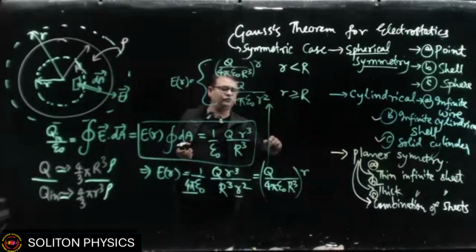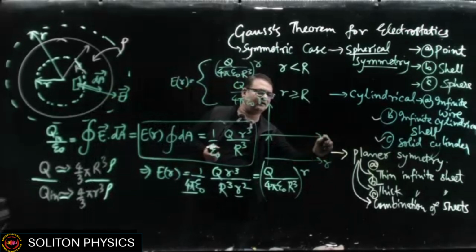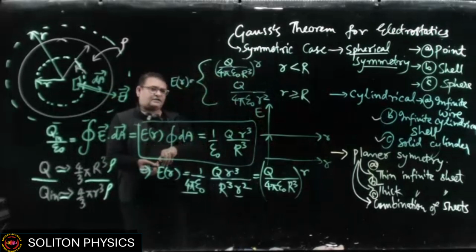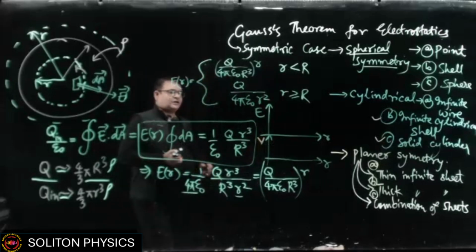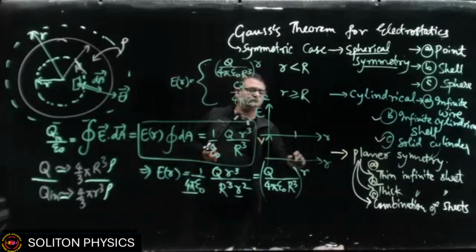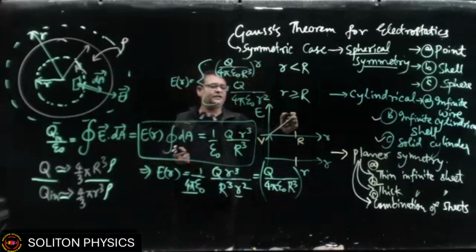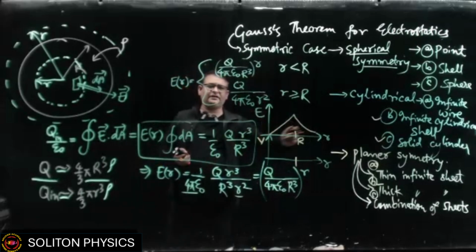Now if I make a graph, I'm going to make two graphs. I'm going to make for field and potential versus r. So this is my field, right? And this is my potential V. Now until the radius R, the field rises uniformly, linear function, and then there is a hyperbolic decay.